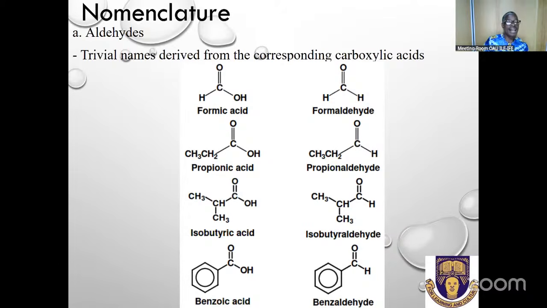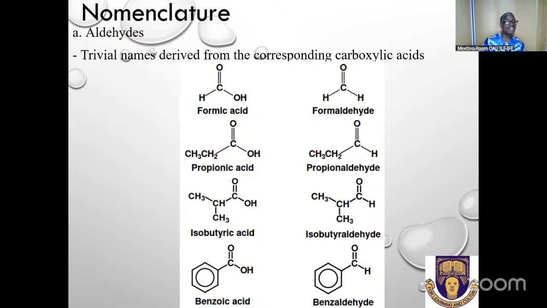Now, let's look at naming of carbonyl compounds, and we'll start with that of aldehydes first. Of course, like any other chemical compounds, we have the trivial names as well as the IUPAC names.